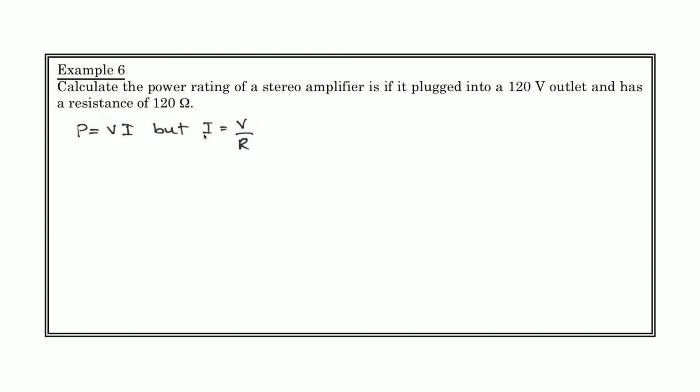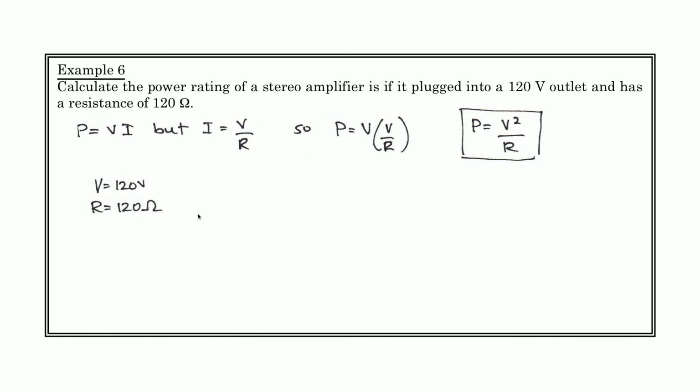Current, if we don't have it, is equal to voltage over resistance. So we can make a substitution here into our formula for power, and we come up with another form of the power formula, and that's V squared over R. So we can use this if we're given these two things, and we can say very simply that power equals V squared over R, which is 120 squared over 120, and this simplifies out, and we get 120 watts.